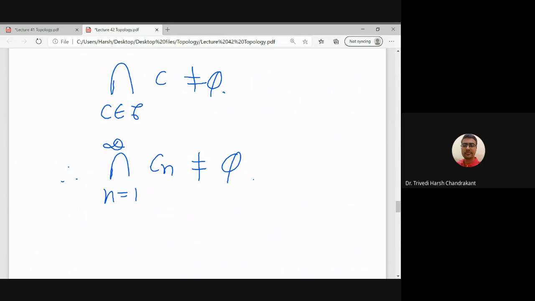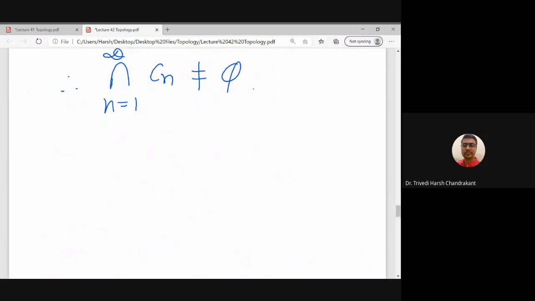Now since this is non-empty, we can find at least one point in this intersection. That is the meaning of the set being non-empty. So there exists a point P in X such that P belongs to the intersection of this.